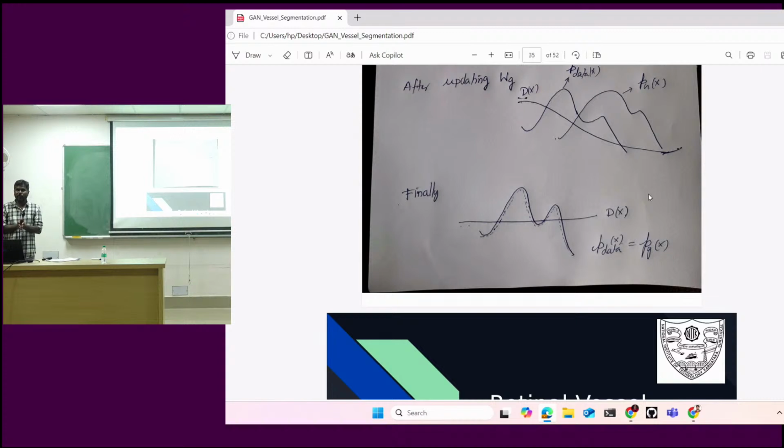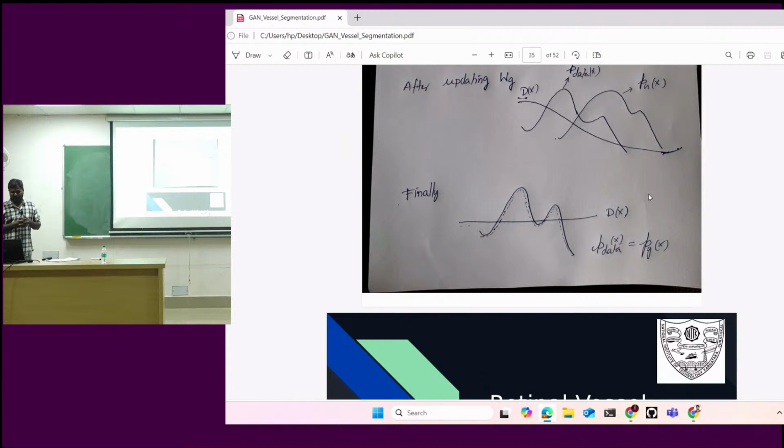So this is the proof given by Goodfellow. You can find this proof in Goodfellow, maybe a slightly complicated proof, but this is more or less that proof only. I think this proof is much easier than the proof that you find in Goodfellow.